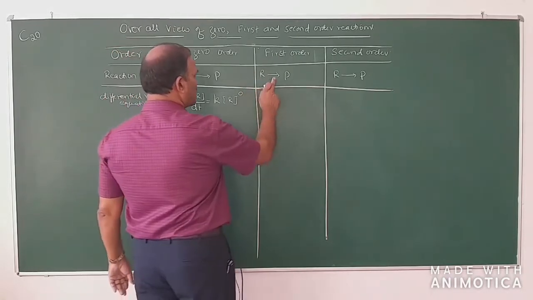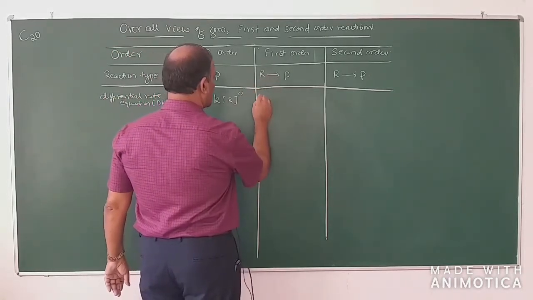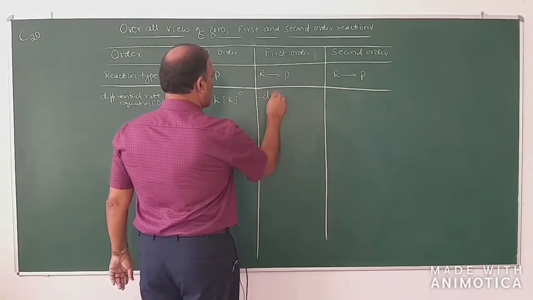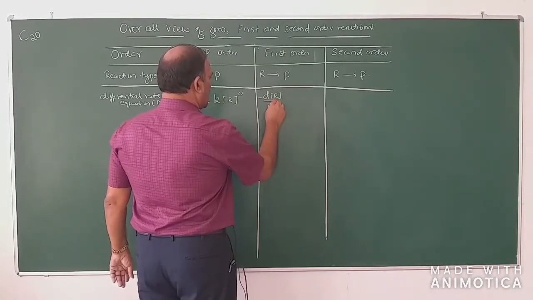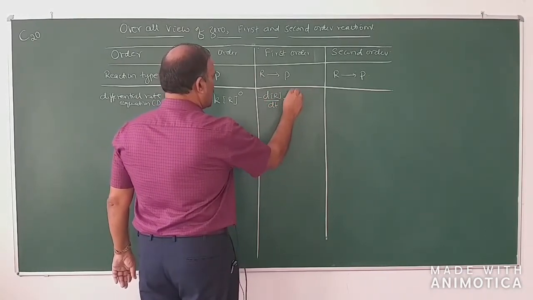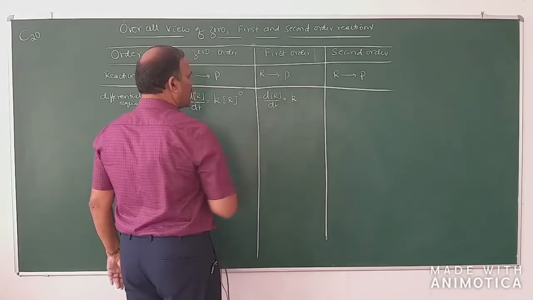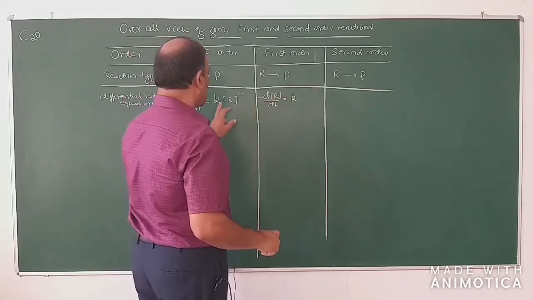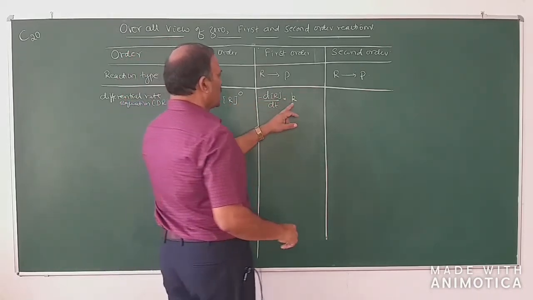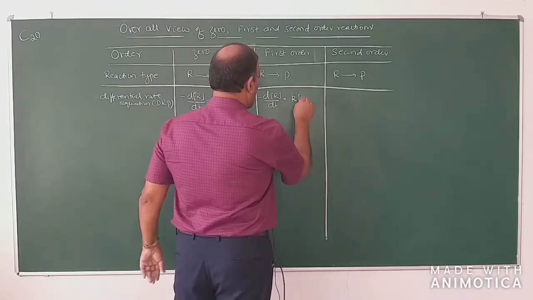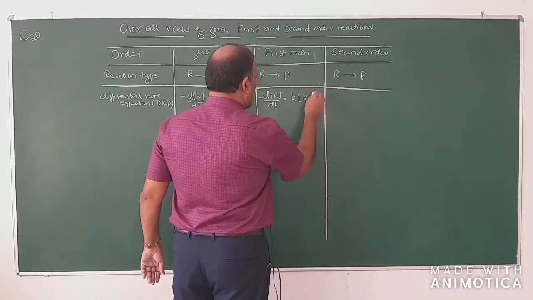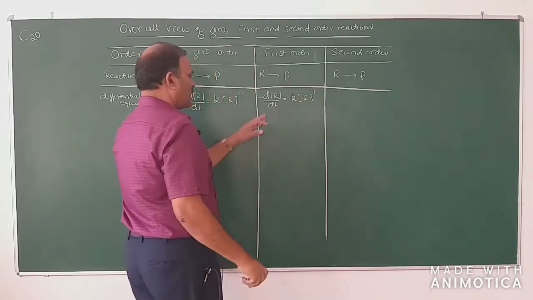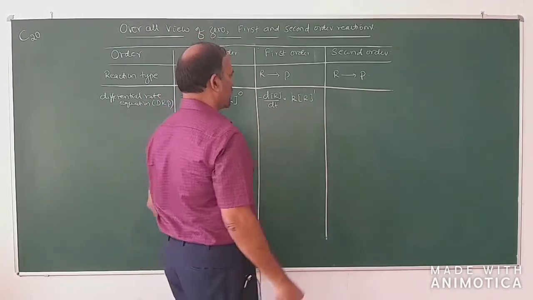Similarly, what is the differential rate equation for first order reaction? Minus d[R] divided by dt is equal to K. What is K here? It is called rate constant. Rate constant times concentration of R to the power of 1. This is for first order reaction.